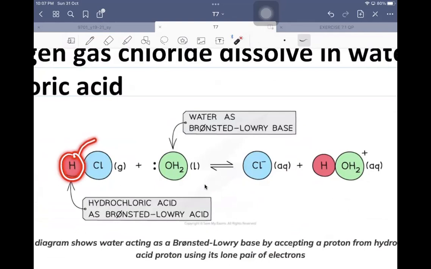Your acid will lose this H plus and give it to water. So you see in the product, your HCl is now becoming a chloride and your water is now becoming what we call a hydronium or hydroxonium ion. Okay, so I will show that to you in detail in the next slide.